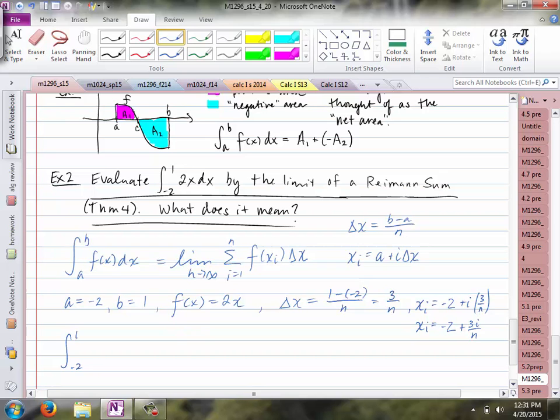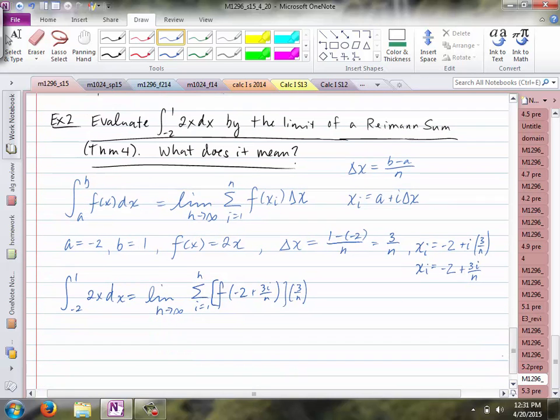The integral from -2 to 1 of 2x is equal to the limit as n goes to infinity of the sum from i equals 1 to n of f of, and then my x sub i, which I found is -2 plus 3i over n. Delta x we found is 3 over n. So next thing is I'm going to use the actual function.